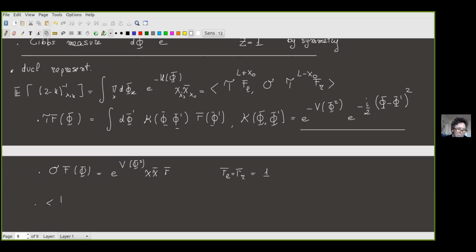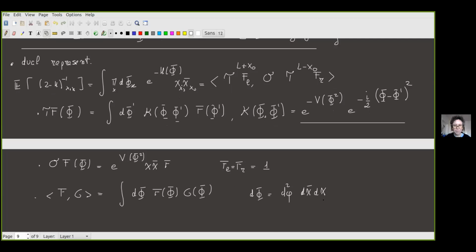This parenthesis FG is the equivalent of the L2 scalar product. So it's the integral d phi F of phi G of phi. I did not explain what this d phi is, but it is the integral on R2, and then an integral on the Grassmann variables, which I didn't define, but it's possible. You can define the operation.